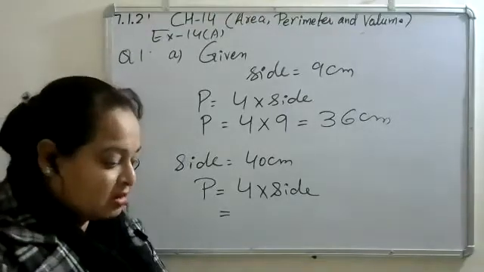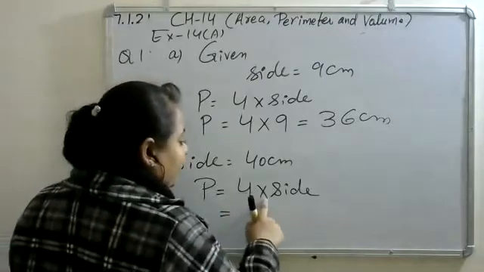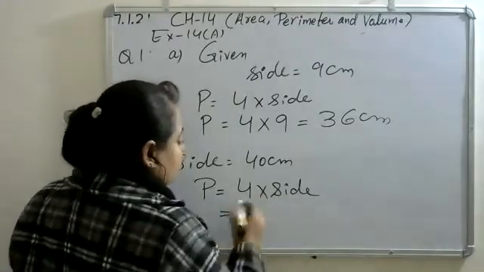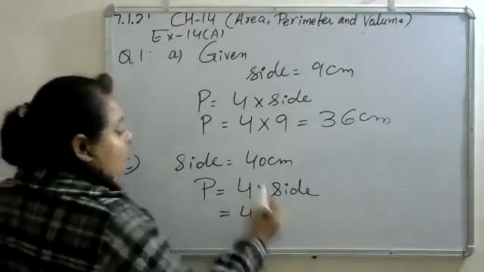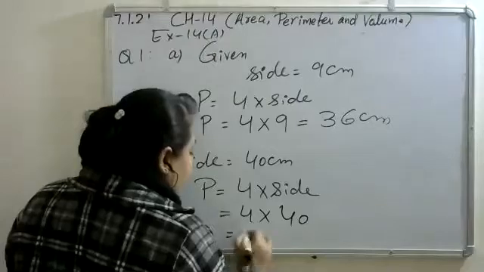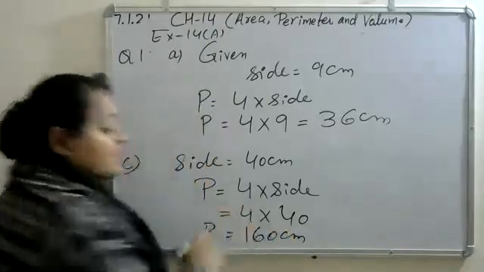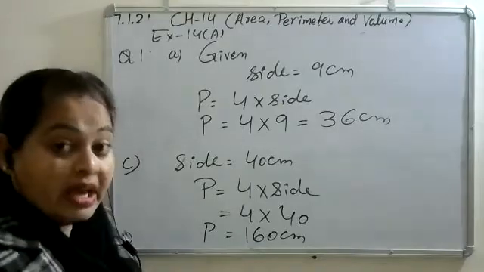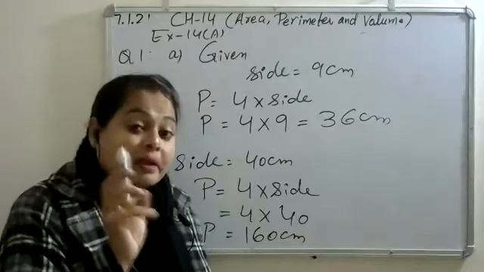So this is 4 multiplied by 40. So this is 160 centimeter. You will not write 40 into side. You will write 4 multiplied by side.